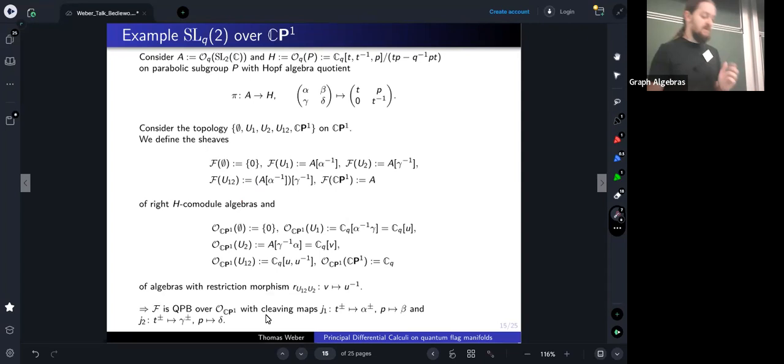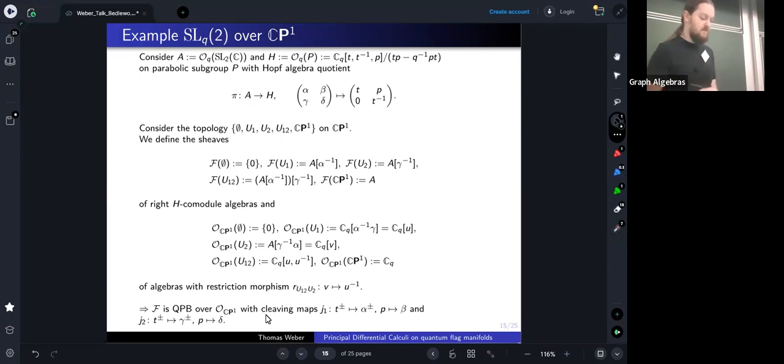For this, we are taking a very coarse topological space. So we take CP1 with just five, if I counted correctly, opens: the empty set, the full set, the upper hemisphere, the lower hemisphere, and the intersection of both.